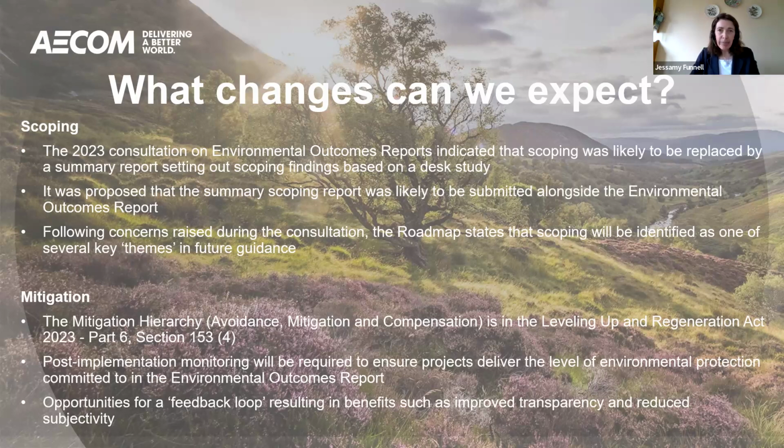And the Secretary of State has powers to introduce a more robust approach for how mitigation is considered. In response to the 2023 consultation and concerns raised over ineffective mitigation in the current system, environmental outcomes reports are expected to strengthen mitigation and monitoring.